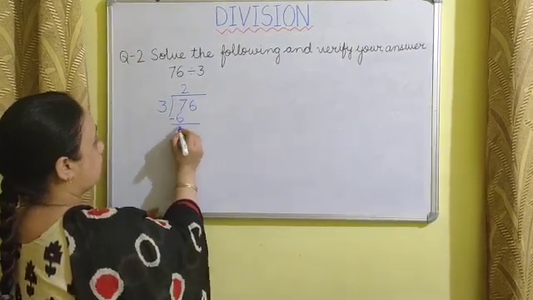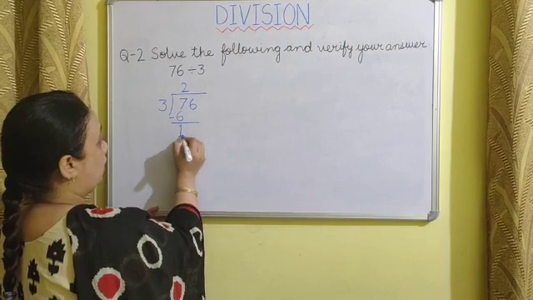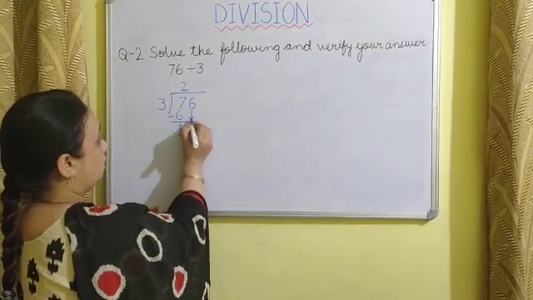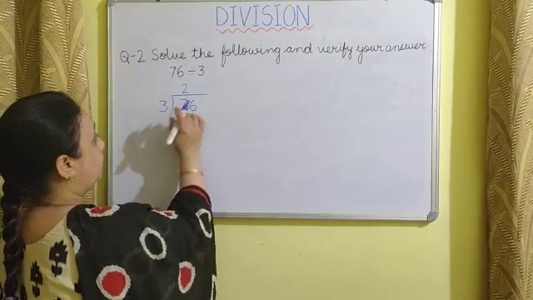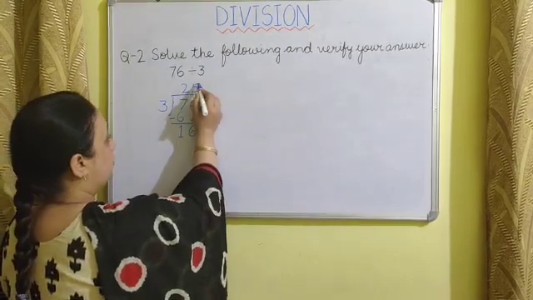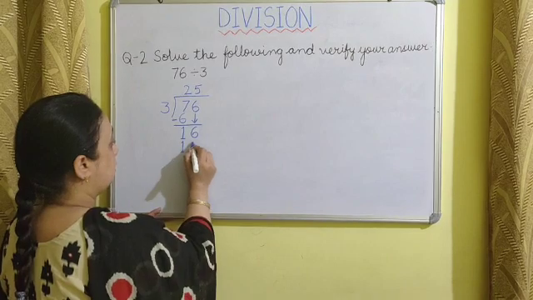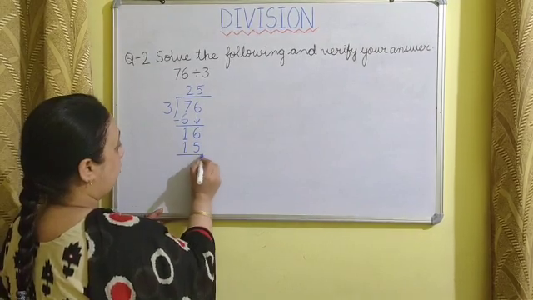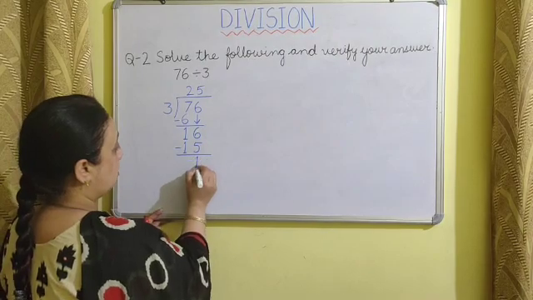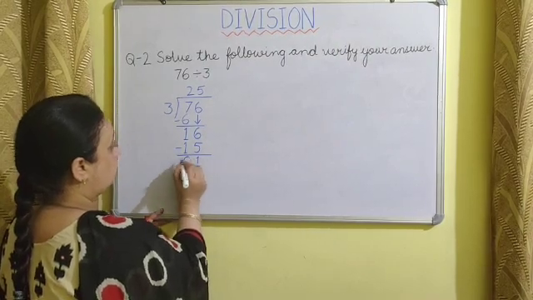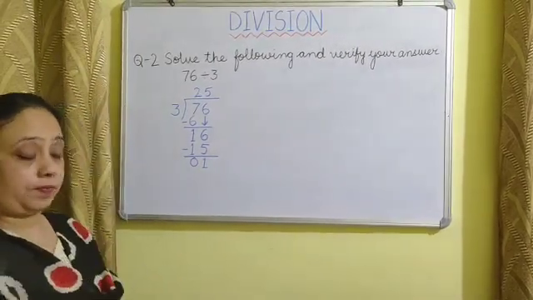Subtract 7 minus 6 is 1. Now copy down this 6 here. We have the number 16. We recall the table of 3. 3 5s are 15. Here write 15 and subtract from 16. 6 minus 5 is 1 and 1 minus 1 is 0.